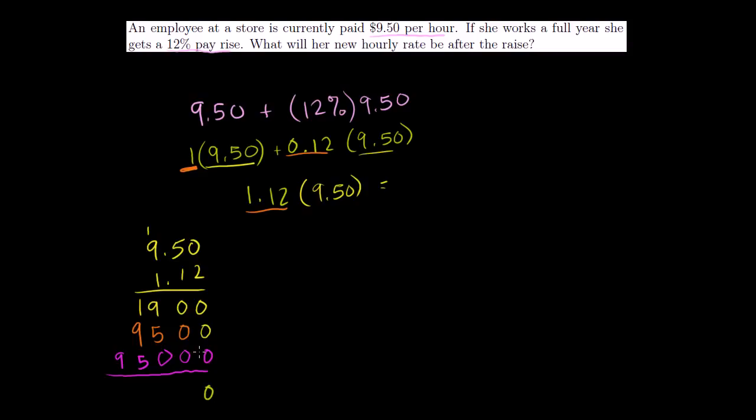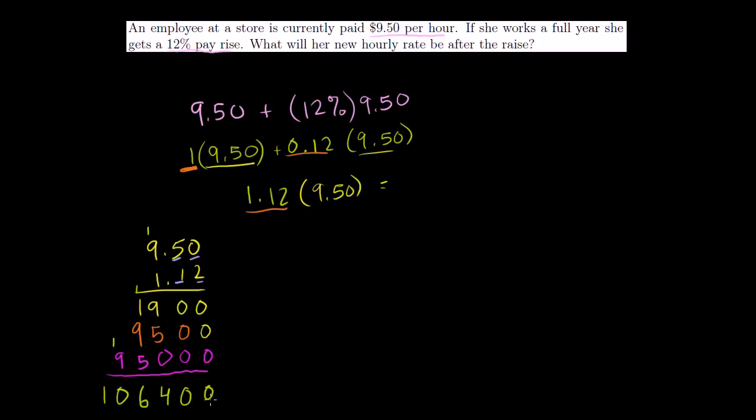The zeros add up to 0. Zeros add up to 0. 9 plus 5 is 14. 2 plus 9 is 11 plus 5 is 16. 1 plus 9 is 10. And then we count the number of decimals. We have 1, 2, 3, 4 numbers behind the decimal.